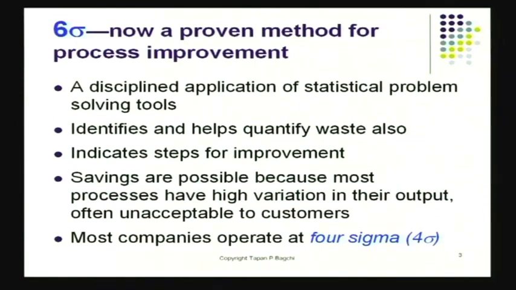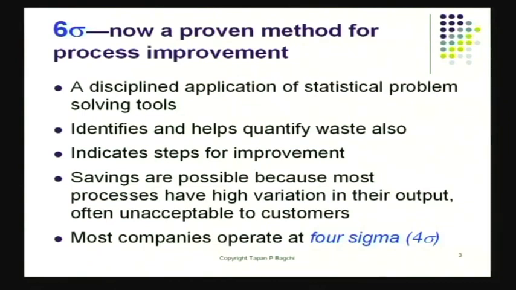As you move along the Six Sigma path, you look at many opportunities where improvements could be made. Savings are actually possible because many processes that have not been worked upon demonstrate high variation in their output, and that gives us the opportunity.